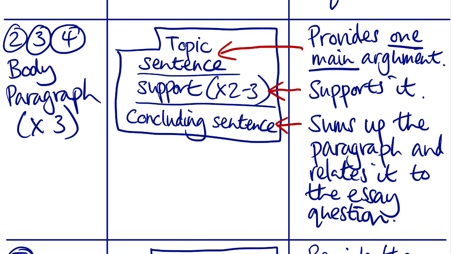Don't confuse that with a conclusion. A concluding sentence does not conclude, it's a summary. It sums up the paragraph that it belongs to. And it shows the reader how your argumentation relates to your answer to the essay question.